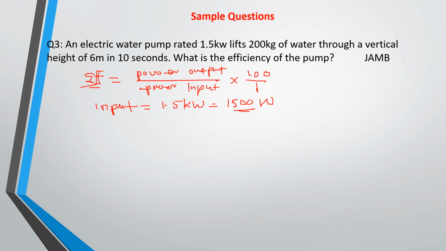So what is the power output of this machine? The output power is the power that the machine, or the electric pump, can actually produce.